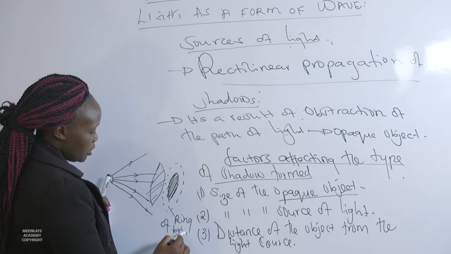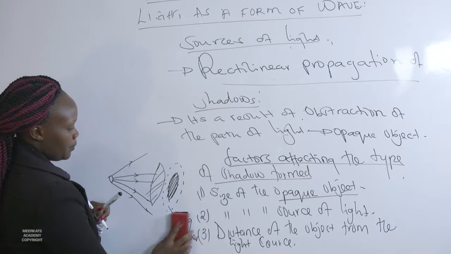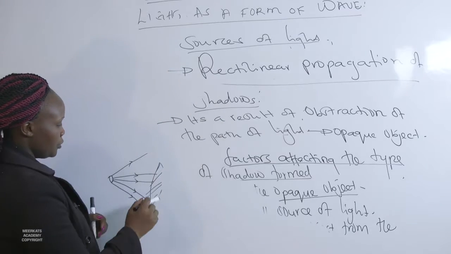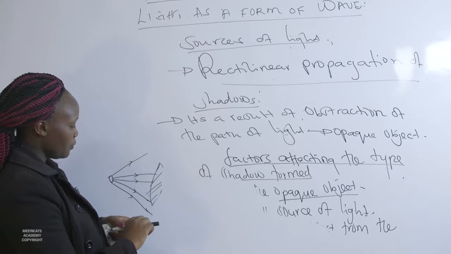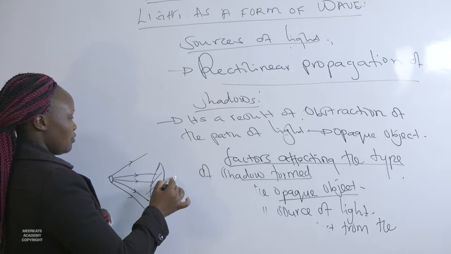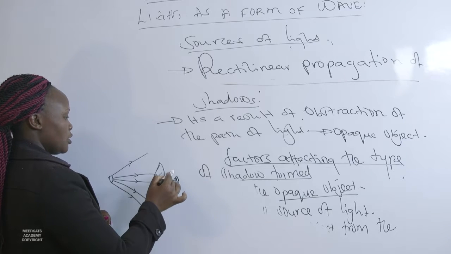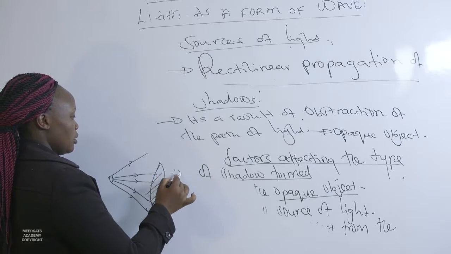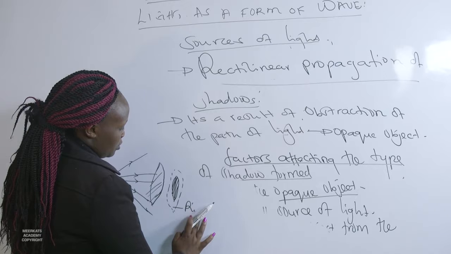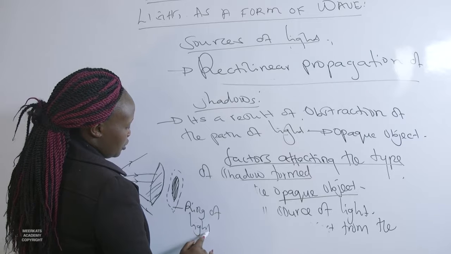This is a ring of brighter shadow. I can draw that one better. You are going to have a very dark center surrounded by a ring of lighter shadow.